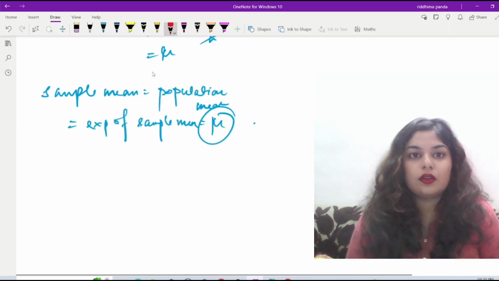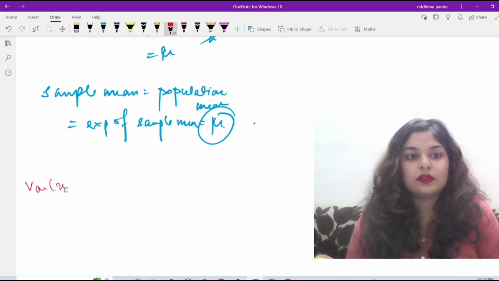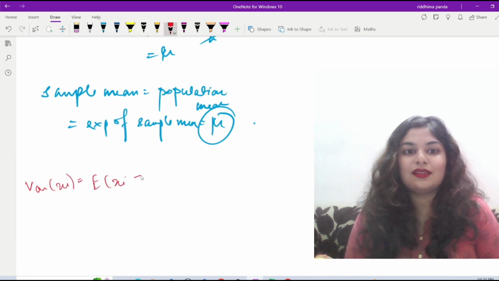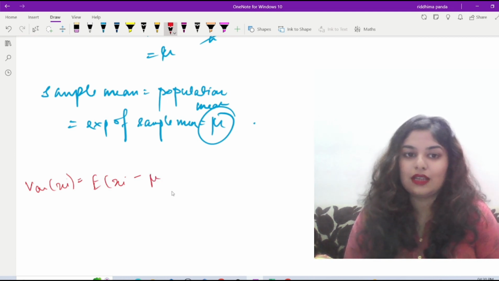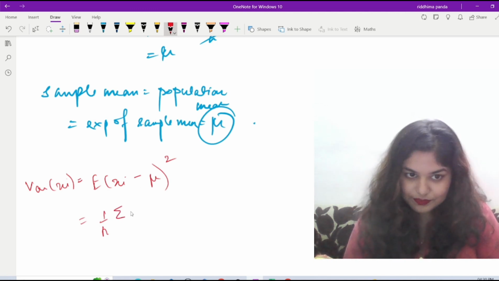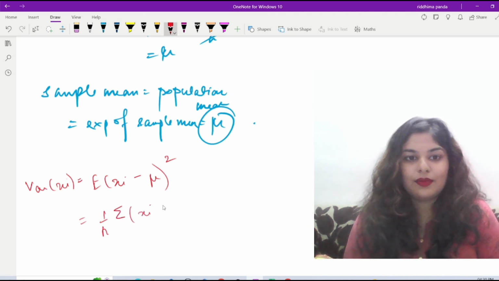Now the variance of xi is basically the expectation of xi minus, in place of the mean I can write down mu, because we have just calculated that the sample mean is mu, so this is whole square. So the formula can here be written as 1 by n summation xi minus mu whole square, right?